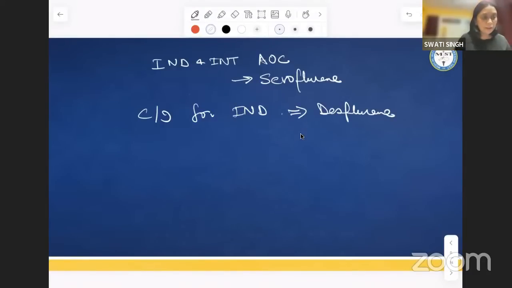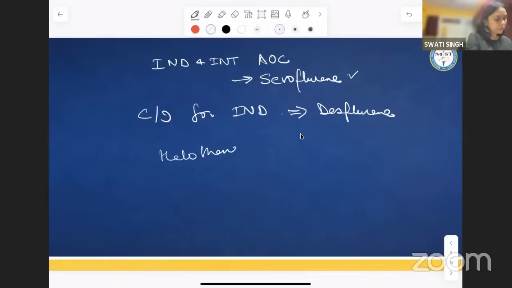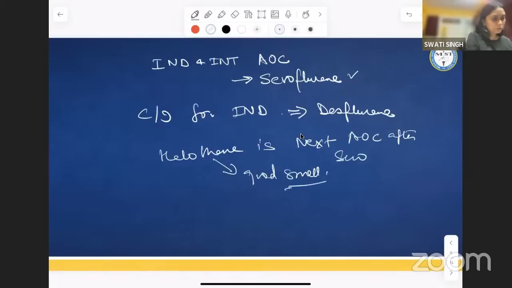Desflurane is contraindicated for induction. If sevoflurane is not there in the agent of choice for induction, the next agent after sevoflurane is halothane. So halothane is the next agent of choice after sevoflurane. Why? Because it also has a good smell. So it can also be used.